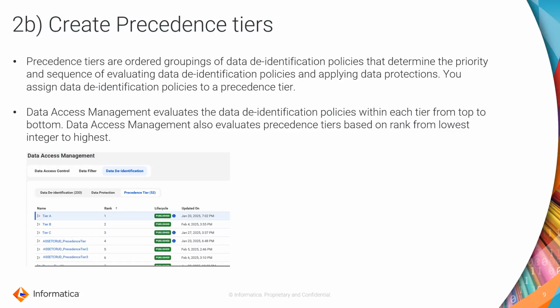When there is more than one data protection rule or de-identification policy, by precedence tiers we can specify which data de-identification policy should be executed first, and the order of execution of those policies. Once the precedence tier and the protection rule are created, we can go ahead and create the data de-identification policy. So let's move ahead.